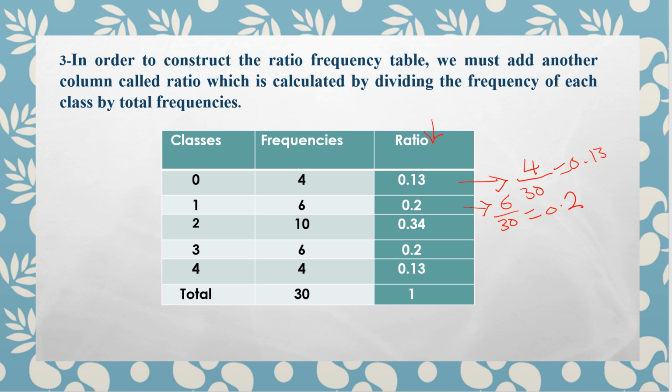For the class of 3 heads, we get 0.2. For the class of 4 heads, we get 0.13. And the total of all ratios for all classes should equal 1. This is the relative frequency table for the quantitative discrete variable.